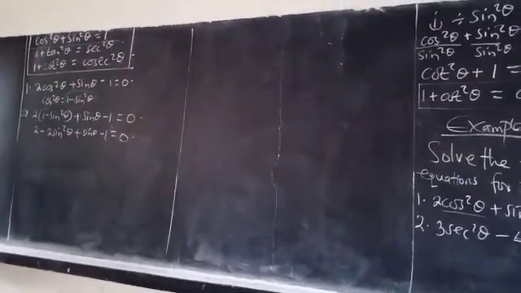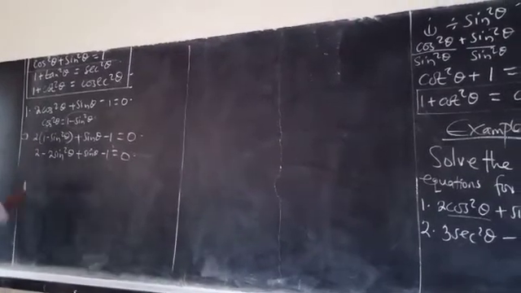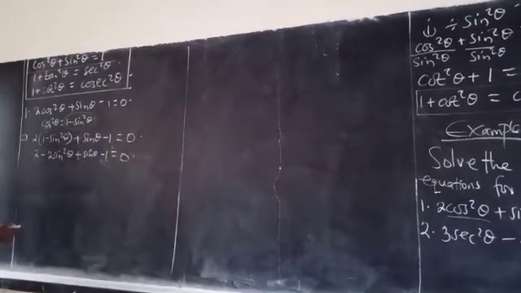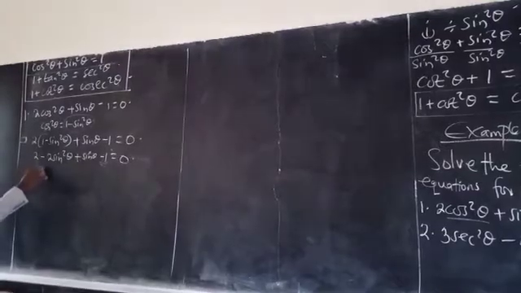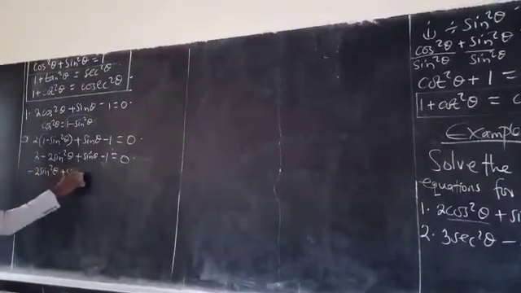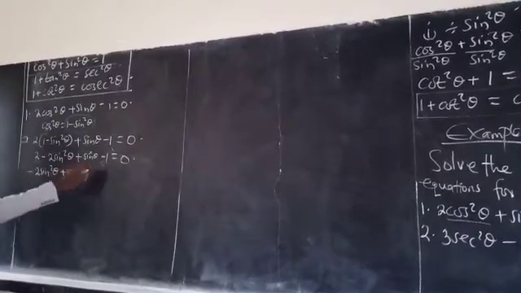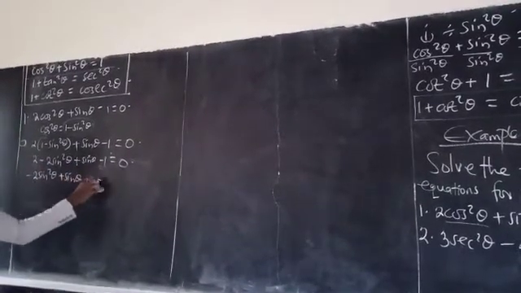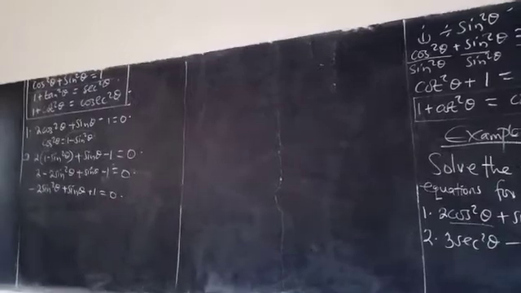As we collect like terms, these 2 will be collected to this. So we shall have minus 2 sin squared theta, then plus sin theta. Then this 2 minus 1 will be plus 1 equals 0.